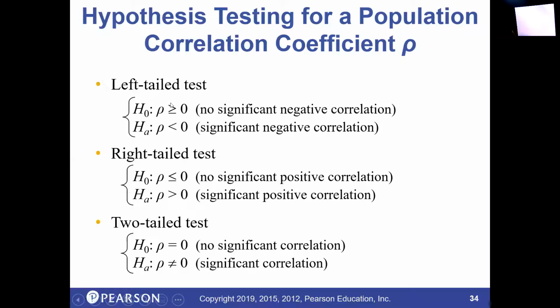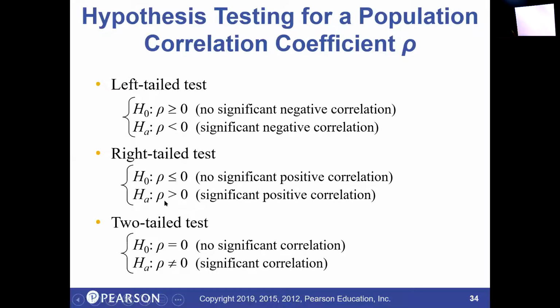If rho is greater than or equal to 0, there is no significant negative correlation, which makes sense because if it's greater than 0, it would be positive. If it's less than 0, there's significant negative correlation. If rho is less than or equal to 0, there is no significant positive correlation.